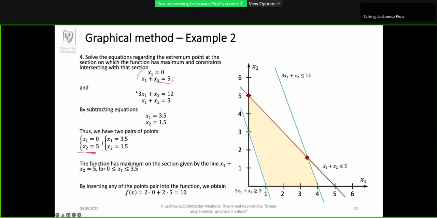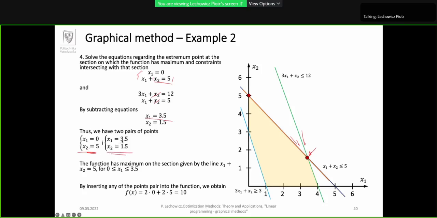And in the second pair of equations, so it's this line with this line, we are finding this intersection point of these constraints. We are subtracting these equations, so x2 is reduced. We have 2x1 is equal to 7, so x1 is equal to 3.5, so x2, by inserting, for example, into this equation, is equal to 1.5. So this is our second point.